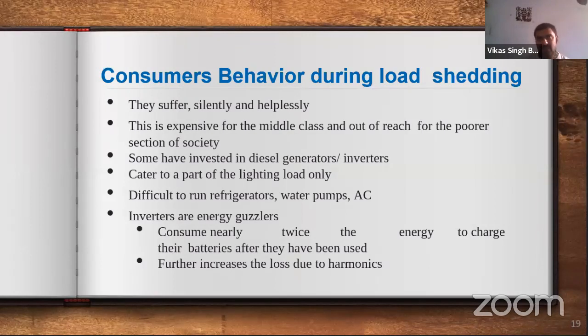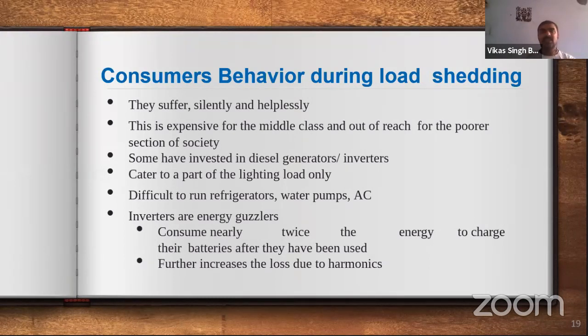And whenever load shedding occurs, it is human tendency that if there is any power cut, we look into the neighbor's house to see whether this power cut is in my house only or for the complete society. If it is for the complete society, then okay. If it is in my house only, then I have to check whether it is a fault or an MCB has tripped or there is any other reason.